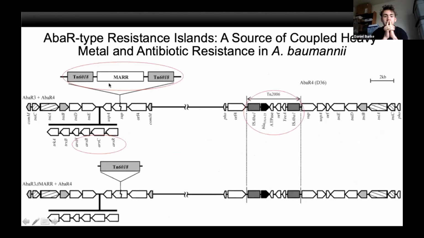And what's interesting about AbaR-type resistance islands is that they contain not only transposon backbones, which implies that this is a mobile genetic element that can be transferred to naive baumannii in the event of heavy metal antibiotic stress, but this also contains numerous regions that contain antibiotic resistance genes, as well as genes that confer resistance to heavy metals, such as the ARS operon here, which is involved in arsenic efflux.